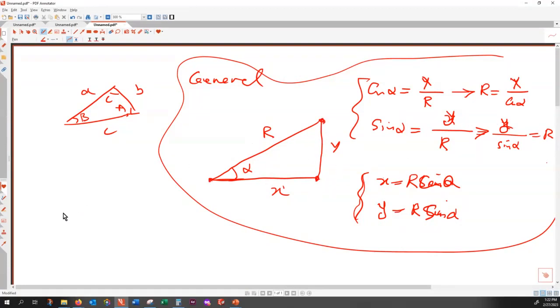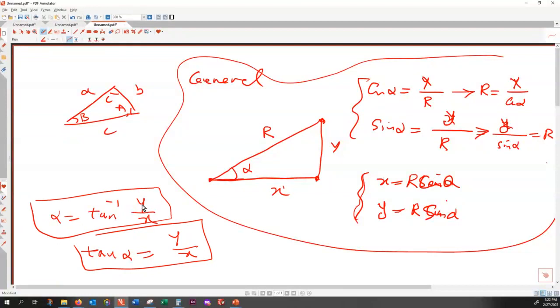Or in some cases, you might want to say that alpha is inverse tan of y over x, if you want to find alpha. Or you can say tan alpha is equal to y over x.